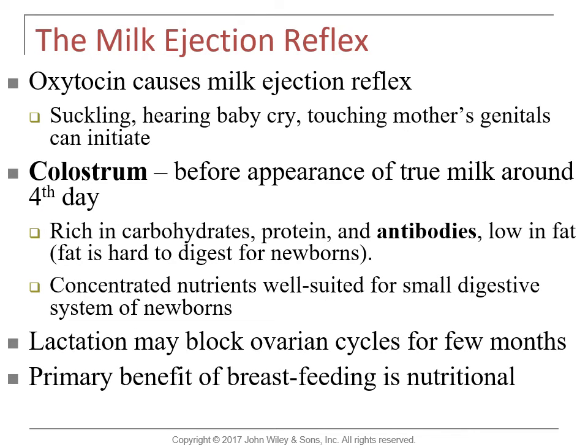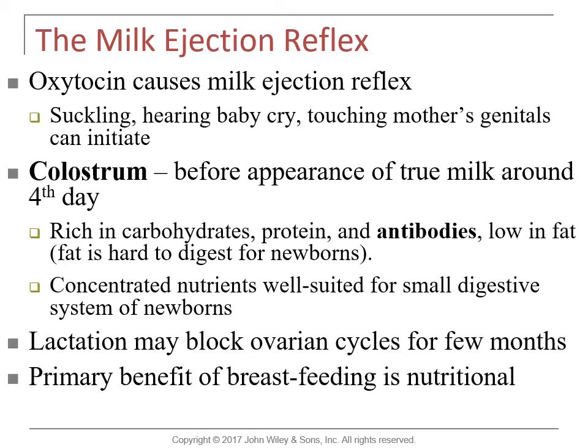The milk ejection reflex. Oxytocin causes release of milk into the mammary ducts via the milk ejection reflex. Milk formed by the glandular cells of the breast is stored until the baby begins active suckling. Stimulation of touch receptors in the nipple initiates sensory nerve impulses that are relayed to the hypothalamus.